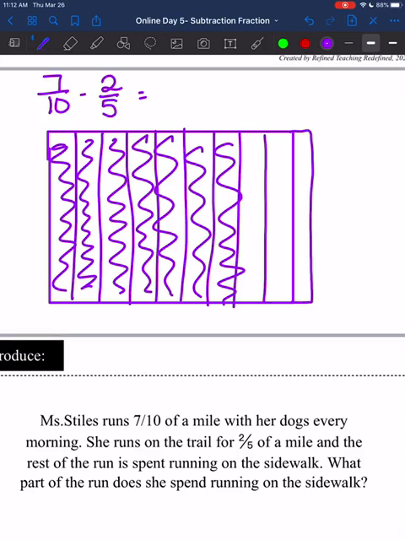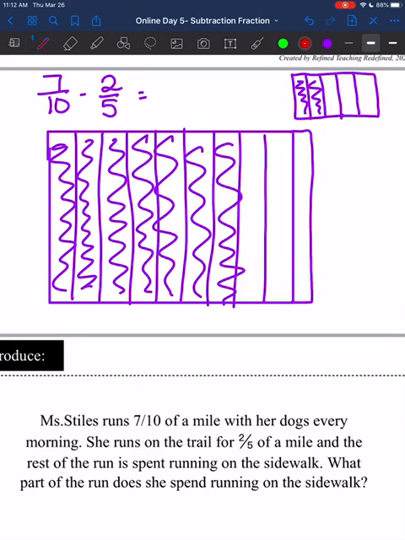So over to the side, I need to draw my fifths, not to take away from something, but just to figure out, well, what is the equivalence of 2/5 in tenths?